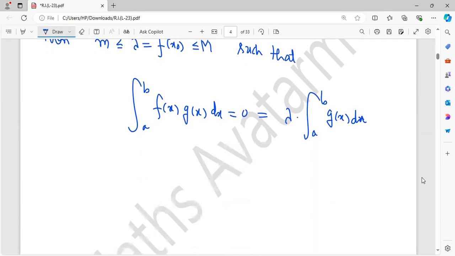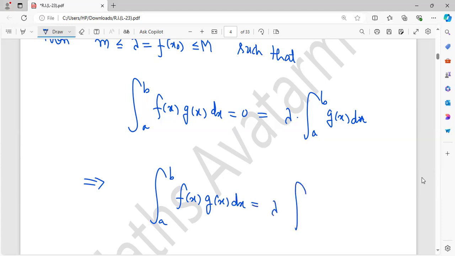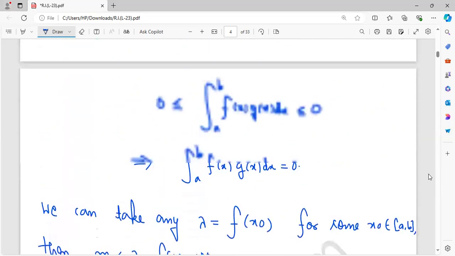So this implies the integral from a to b of f(x) g(x) is lambda times the integral from a to b of g(x) dx. So in this case, the theorem is proved, if the integral of g(x) from a to b is 0.